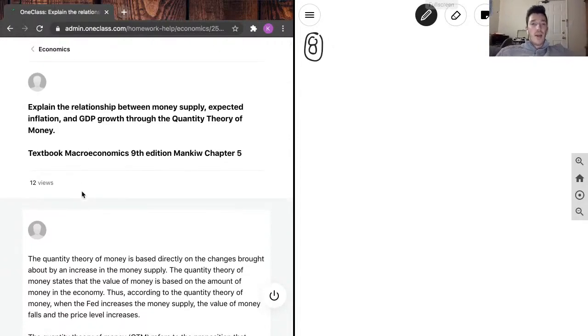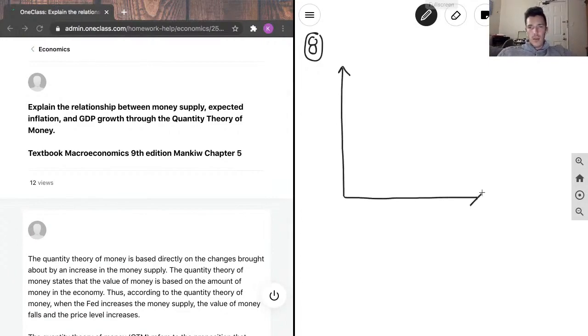Explaining the relationship between money supply, expected inflation, and GDP growth through the quantity theory of money. So right away, that makes me want to draw the money market graph. We've got the quantity of money on the x-axis and expected inflation on the y-axis.